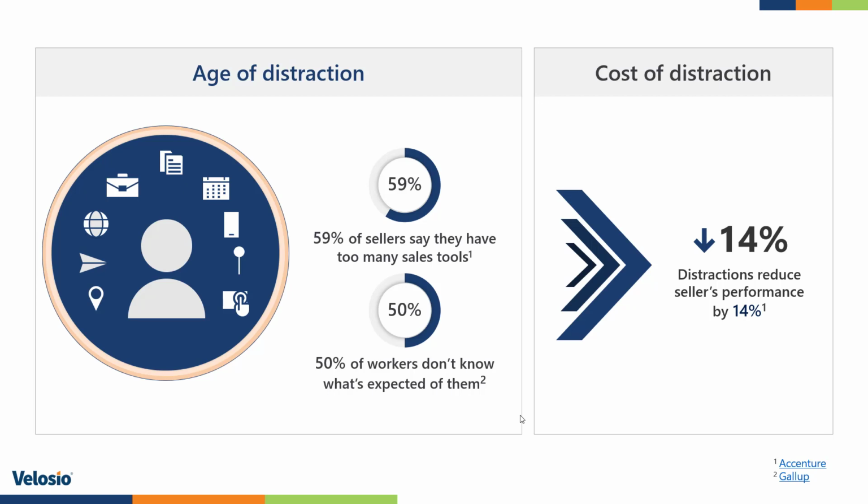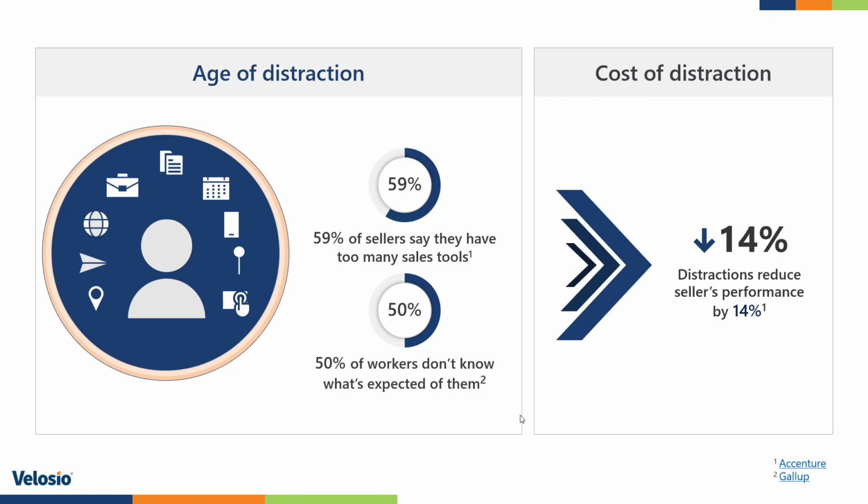In fact, 59% of sellers say they have too many sales tools, and 50% of workers don't know what's expected of them. According to Accenture's analysis, distractions reduce sellers' performance by 14%, a significant cost to organizations.